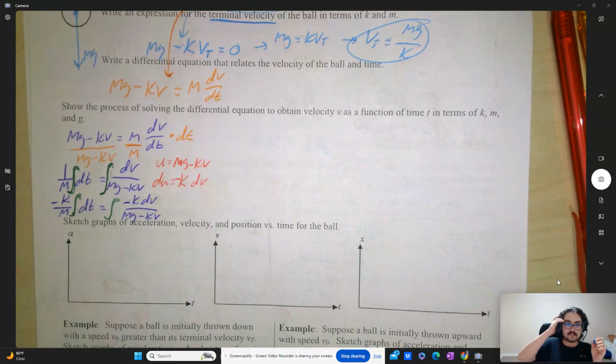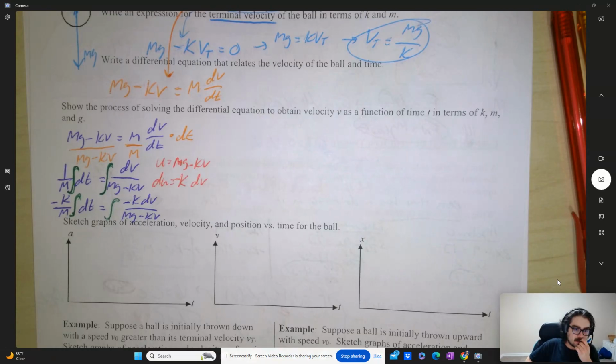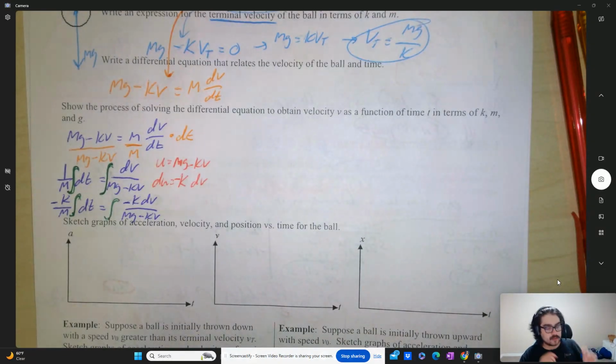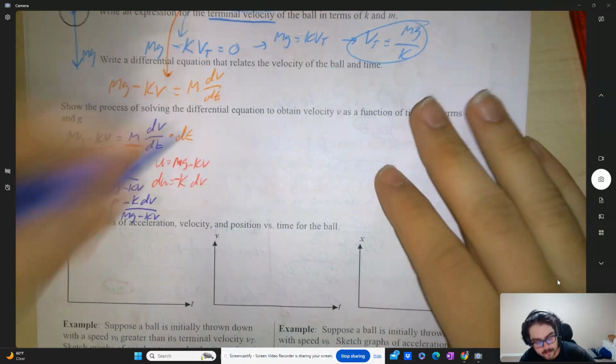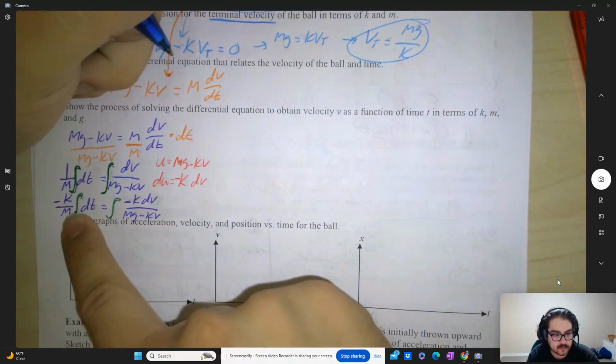Now, do you notice, I just multiplied negative k on both sides, and that's fine. That's completely legal. The math gods smile upon us because we've followed their rules for once. Now I can do proper u substitution here, and I can take the integral to the left-hand side.